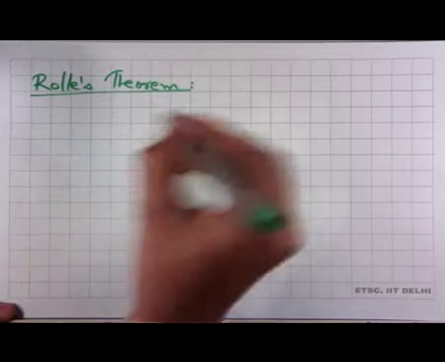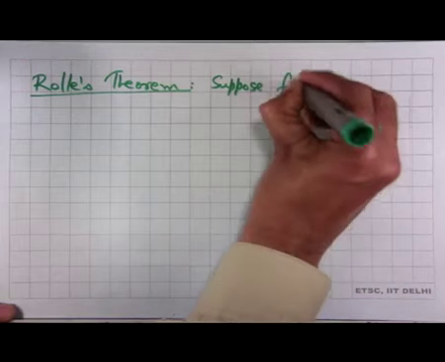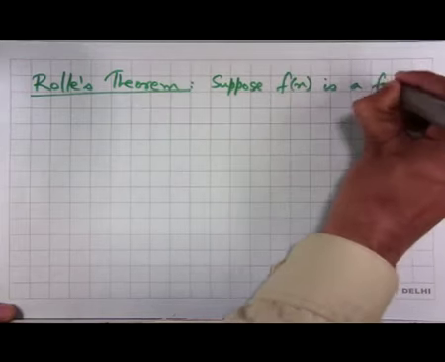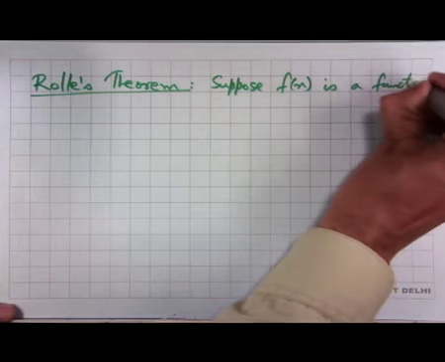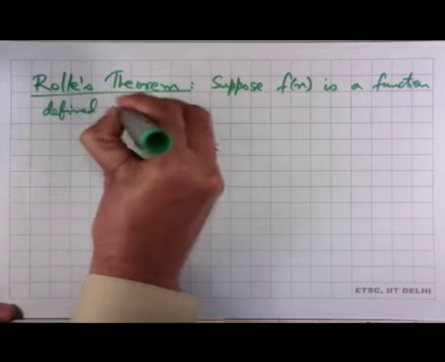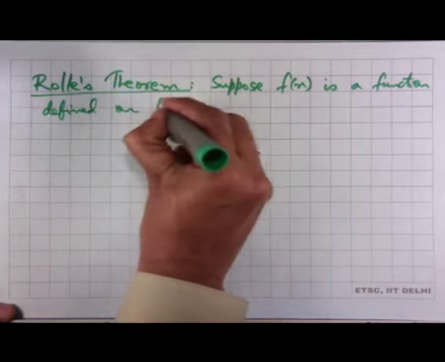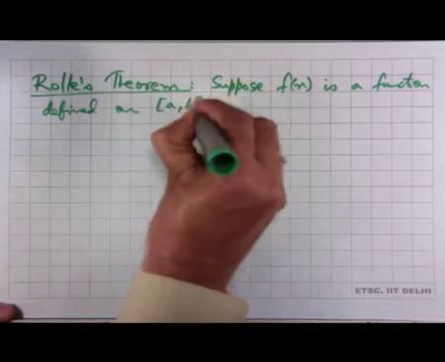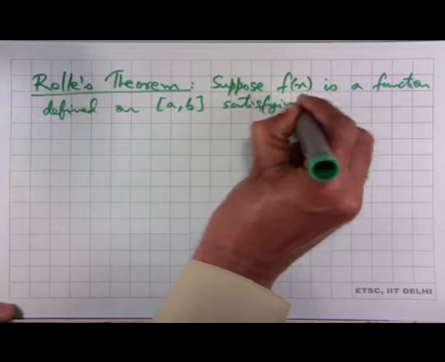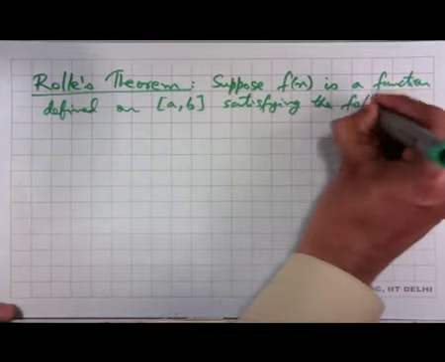So, this says that suppose f x is a function defined on a b satisfying the following three conditions.